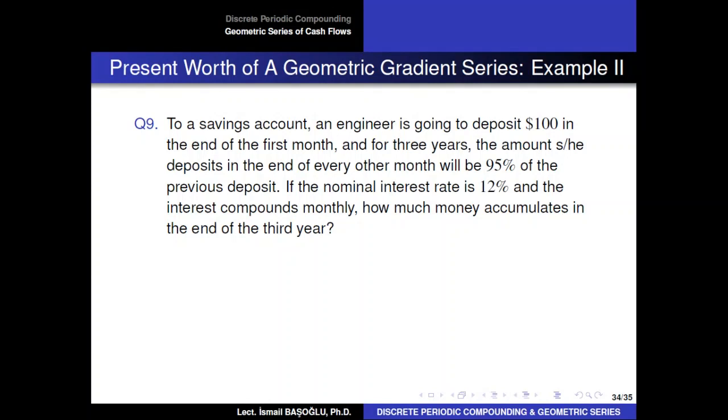So let me draw the cash flow diagram for you. We have such a cash flow diagram here, and it consists of months. At the end of the first month, I am going to deposit $100.